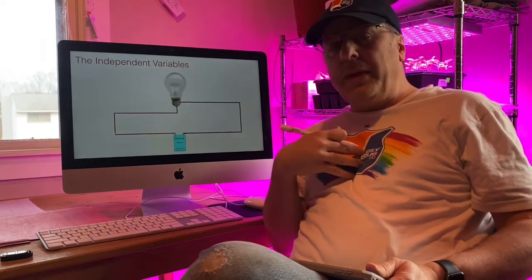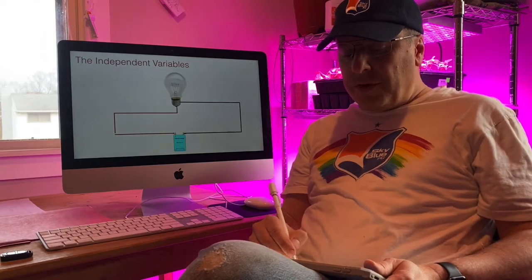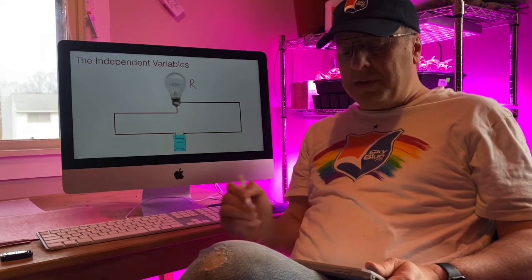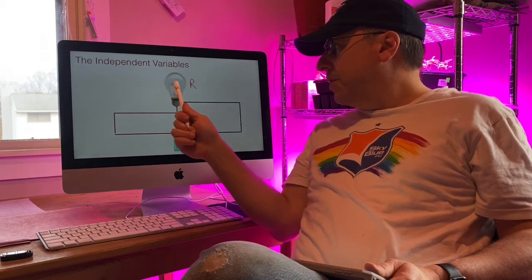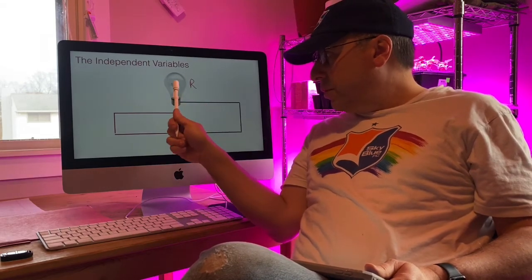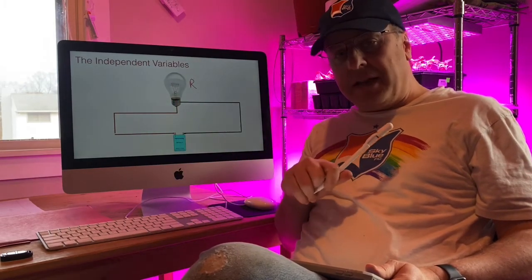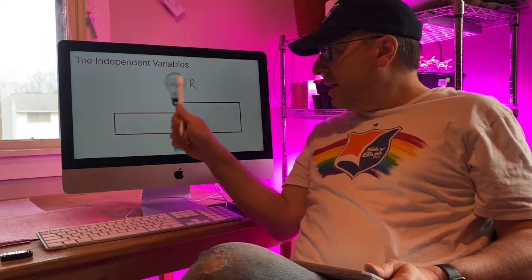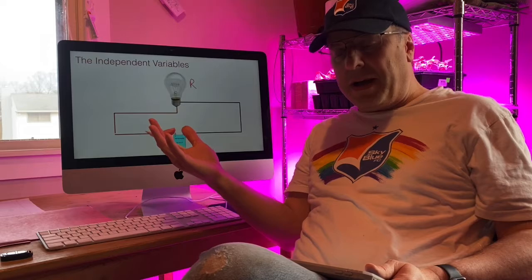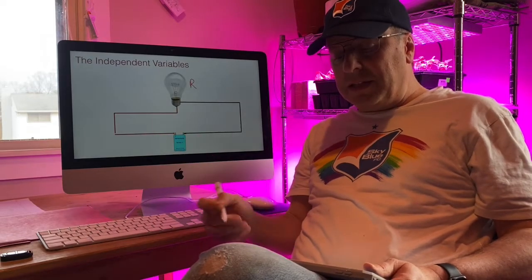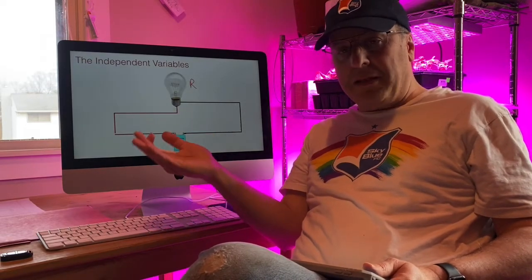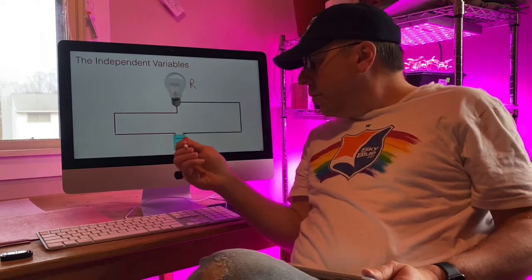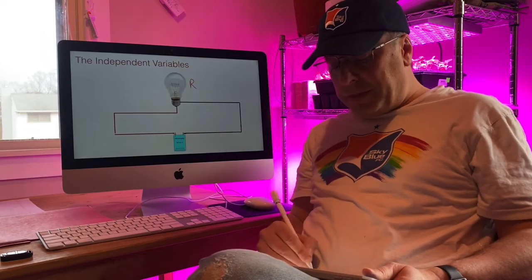These are the things that we control. We control the resistance of our object. So for a light bulb, we control what the wire is made out of inside the light bulb. We control how thick the wire is, and we also control how long the wire is. So this resistance is determined when they make the bulb. We also control the voltage of the battery.